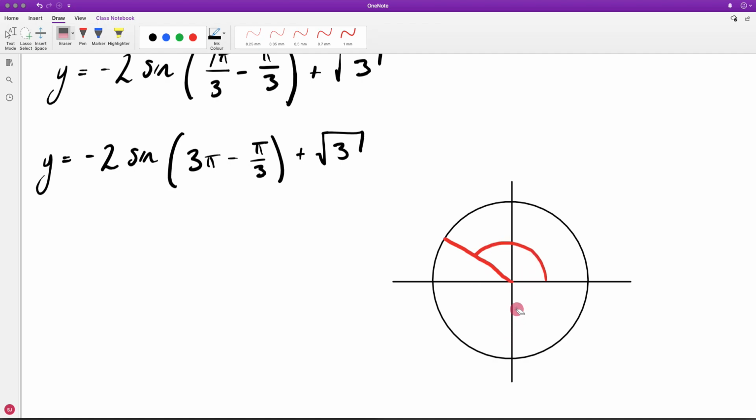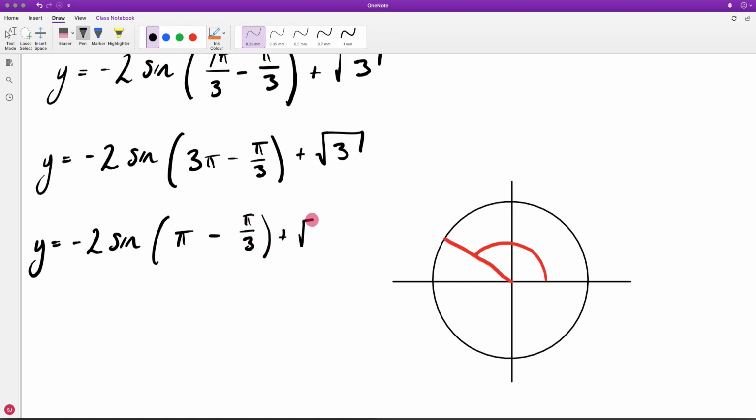That 2 pi, because it's 360 degrees, just going right around, it's taking me back to the beginning. It's not even helpful to think about it. So all I really want to think about is that this could be rewritten as y equals -2 of sine of pi minus pi over 3 plus the square root of 3. That's really how I want to think about it.